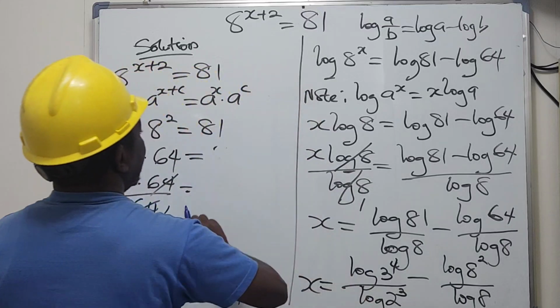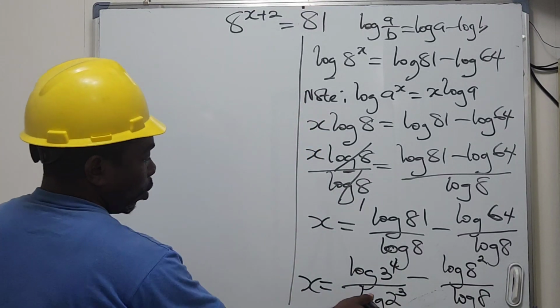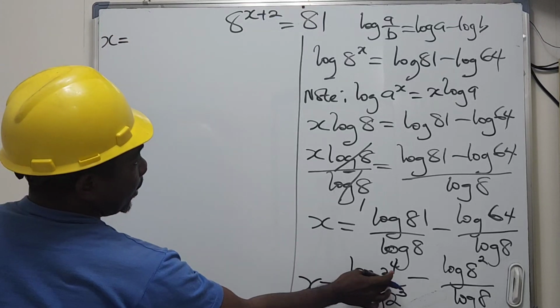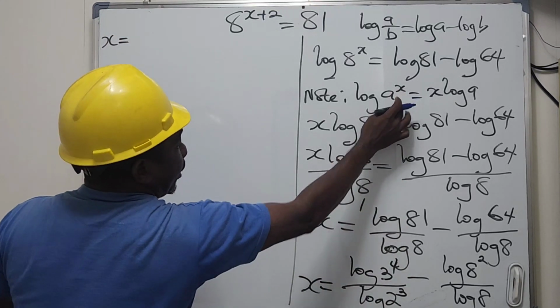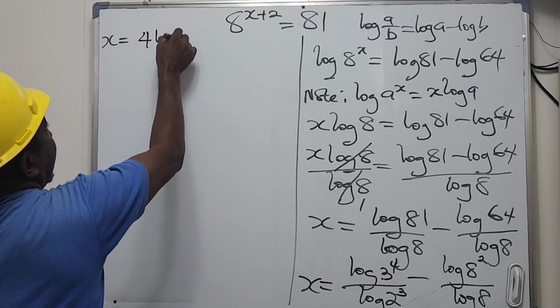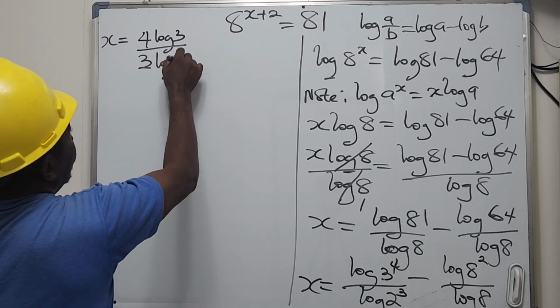So we can come over to this other side to further simplify that, where we have x equals to this. We can express this in this format. So this will become 4 log 3 all over 3 log 2.